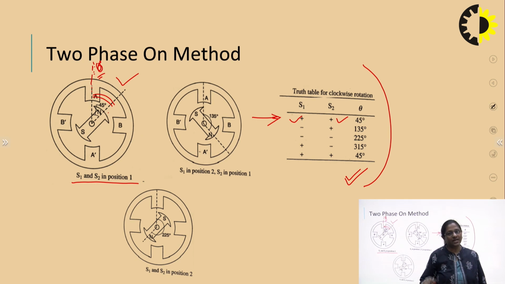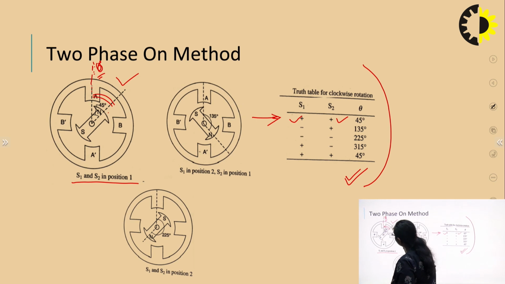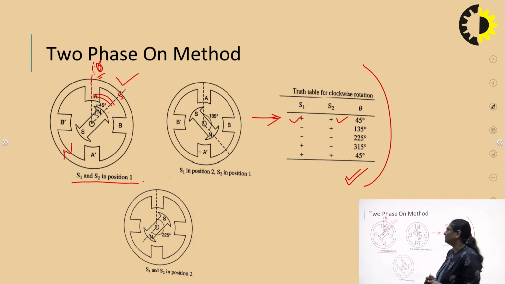So the rotor will align itself with respect to the resultant magnetic field, and the resultant magnetic field is nothing but the resultant of the magnetic field created by the phase A current and the phase B current. So the rotor takes this particular position, and it implies definitely this side is the side S and this side is the side N of the resultant magnetic field created by the stator.